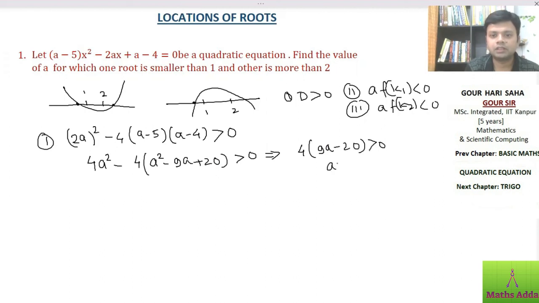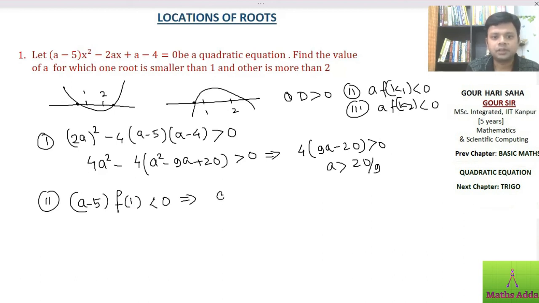So a is greater than 20 by 9. Okay. Now the second part is (a minus 5) into f(k1), k1 is 1, f(1). So this would be less than 0.